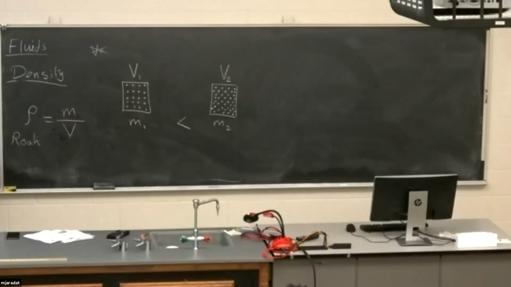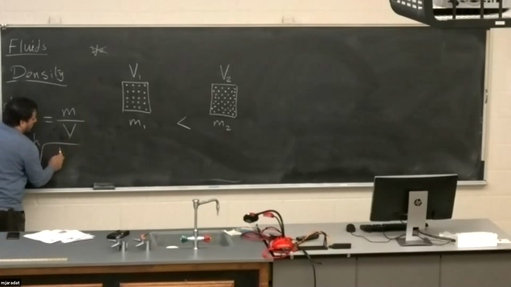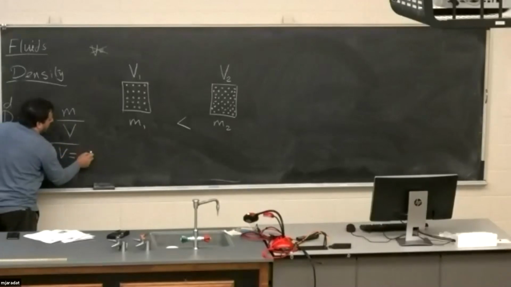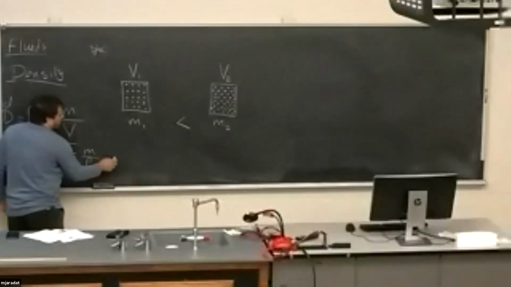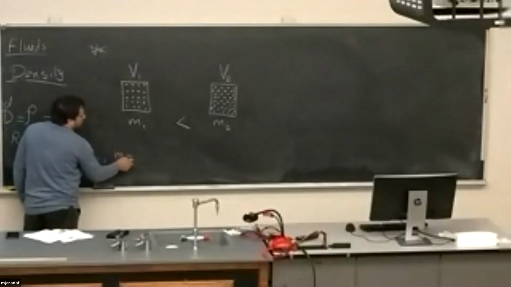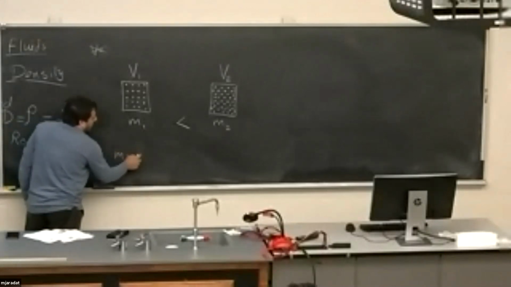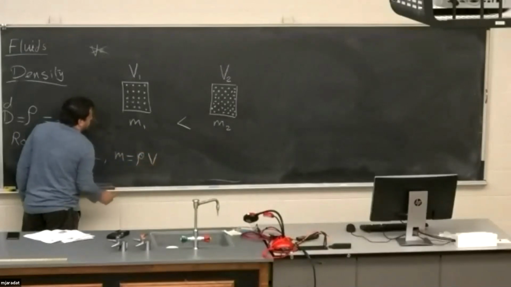Some people write it as D, which is density, but in general it is rho, which is the mass divided by the volume. And from that we can know that the volume is equal to the mass divided by the density, or the mass is equal to the density multiplied by the volume.